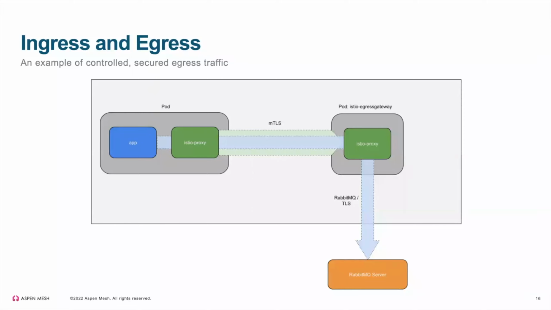So through the configuration of egress gateways and virtual service routing, we say that all traffic leaving the mesh needs to be routed through the egress gateway and then out, so that you have visibility into traffic leaving. The interesting thing about this is that because that connection is encrypted, the application just knows about the host name of the server, the port, and the protocol.